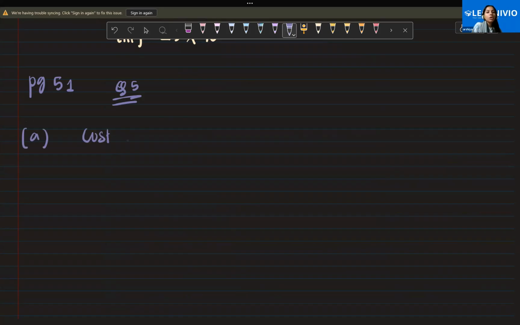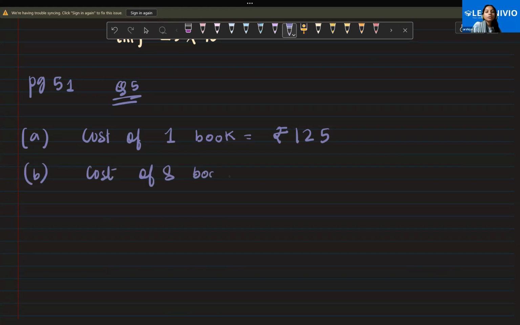So cost of one book is rupees 125, and cost of 8 books is equal to rupees 125 multiplied by 8.